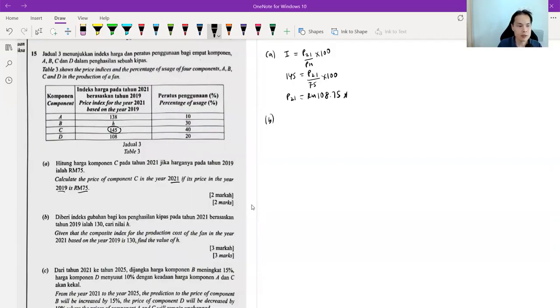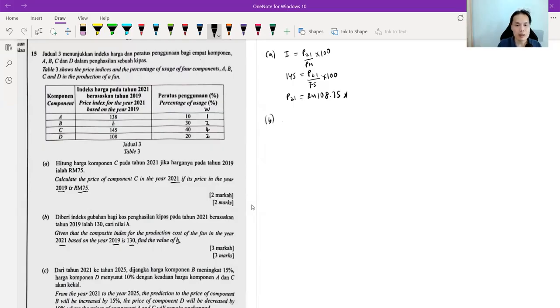Okay, next one. The composite index for the production cost of the fan in the year 2021 based on 2019 is 130. Find the value H. So H is an unknown. H is the price index for component B. Now, usually any other information given in the form of pie chart, bar chart, or percentages, they are your weightage. Normally I'll simplify the weightage, easier to calculate, by dividing everything by 10.